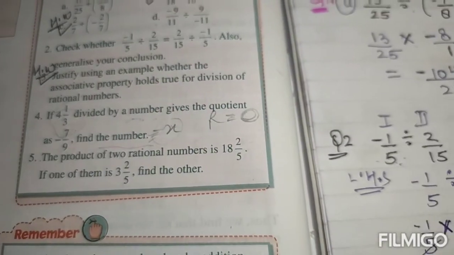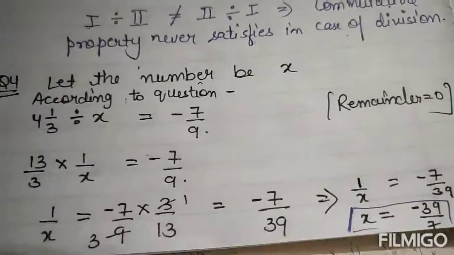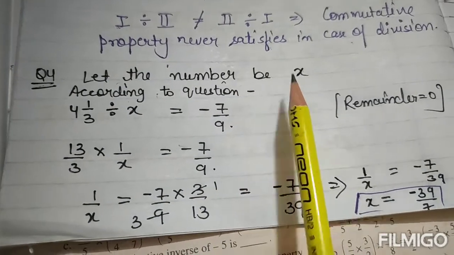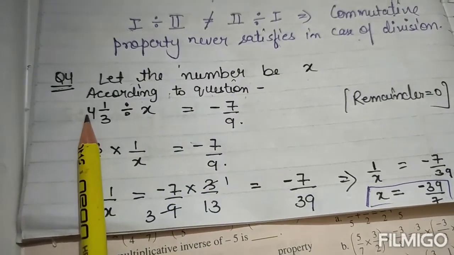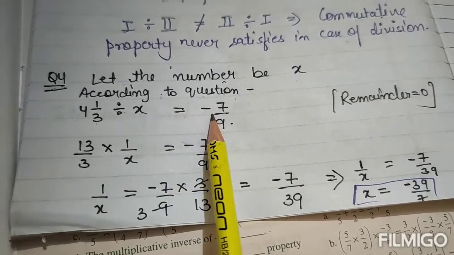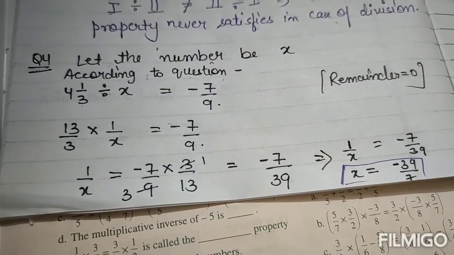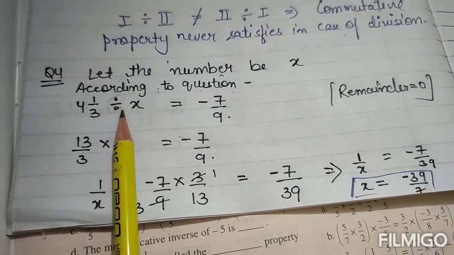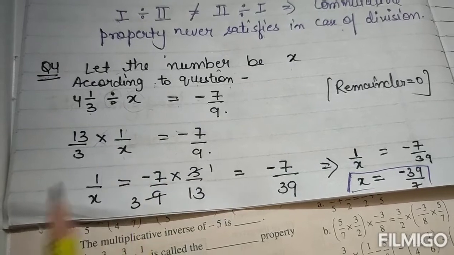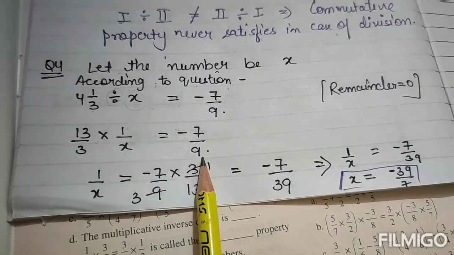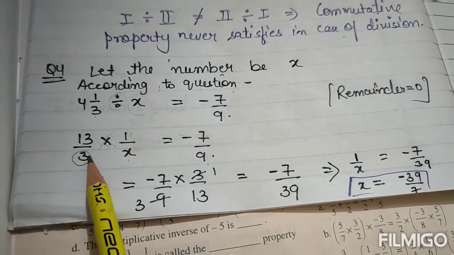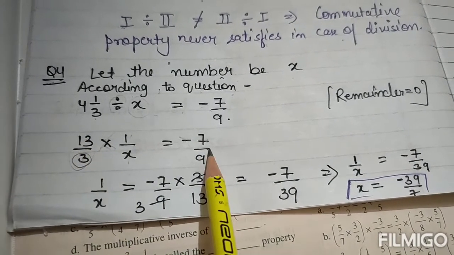So now look here. First of all, I have let the number be x. Then according to the question, when 4 1 by 3 is divided by x, you get the quotient minus 7 by 9. Now if you replace the division with multiplication, the reciprocal of this number will be 1 by x equal to minus 7 by 9. Now, as there is multiplication, you can take this rational number here.